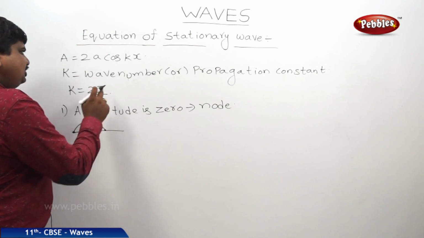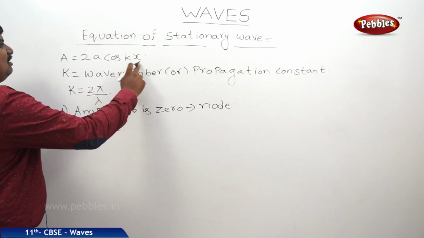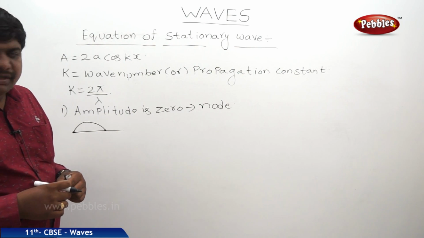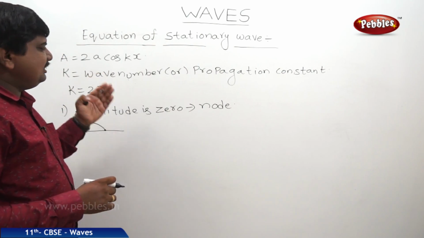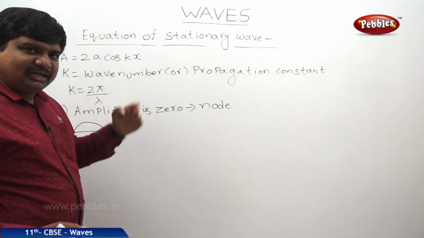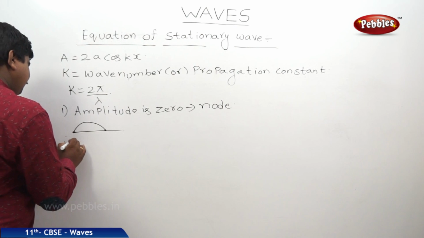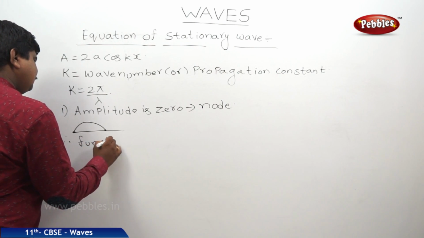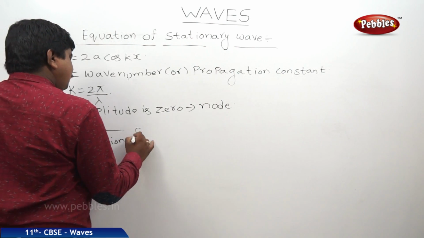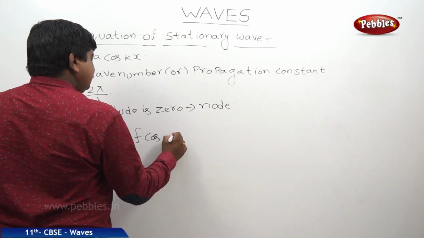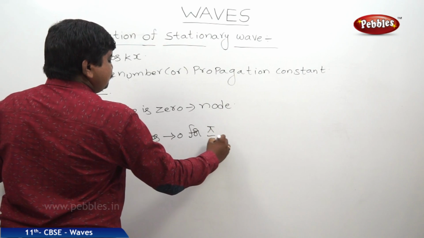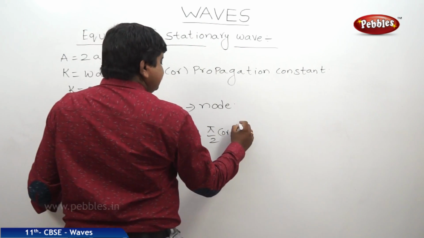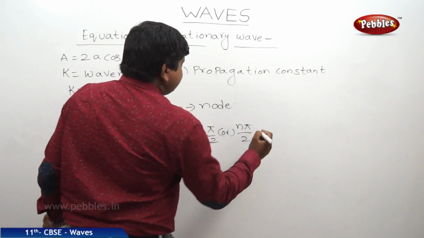If amplitude is 0, it means the function cos is 0. The function cos is 0 for 90 degrees, that means pi by 2, so we can expect kx in the order of pi by 2. The function cos is 0 for pi by 2 or n pi by 2 also.